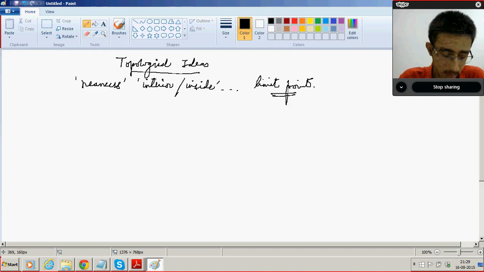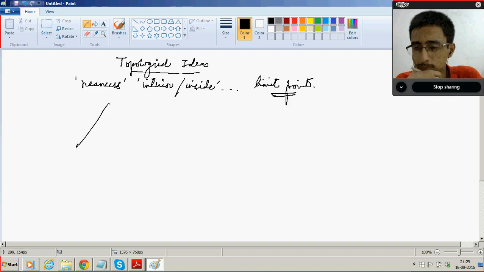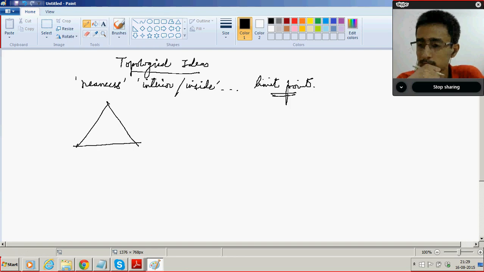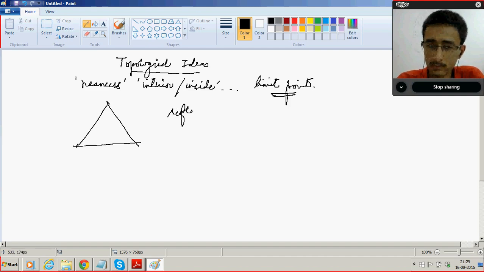Whereas geometry deals with rigid transformations of solid objects, transformations being reflections, rotations and translations. Properties which are invariant.